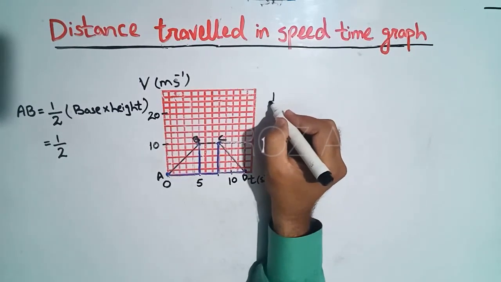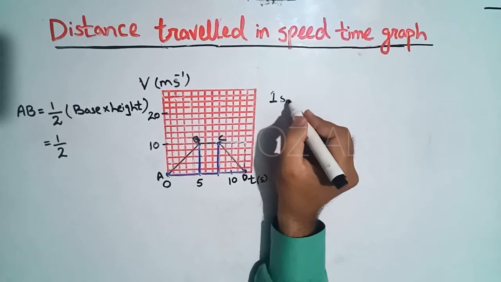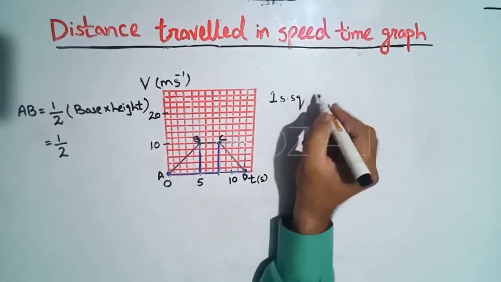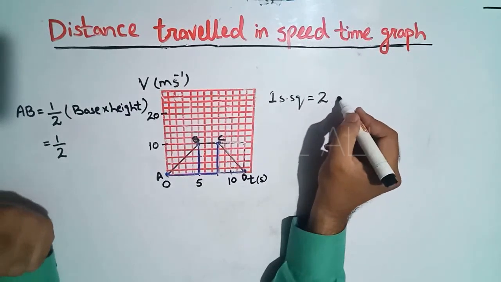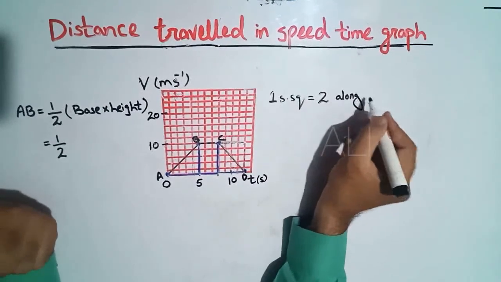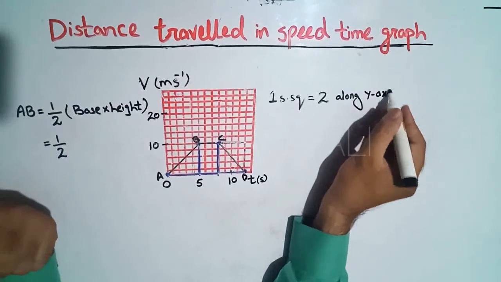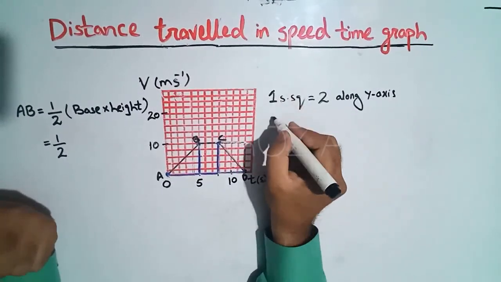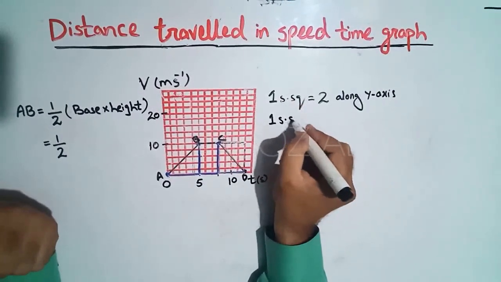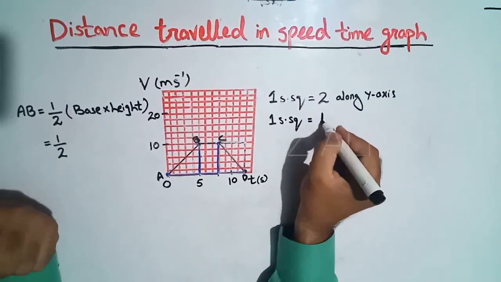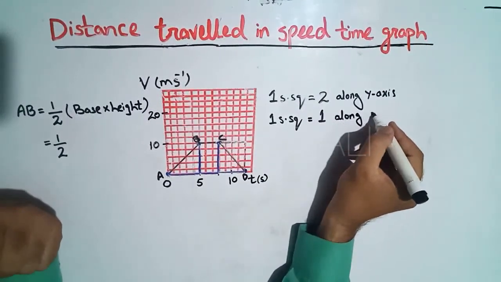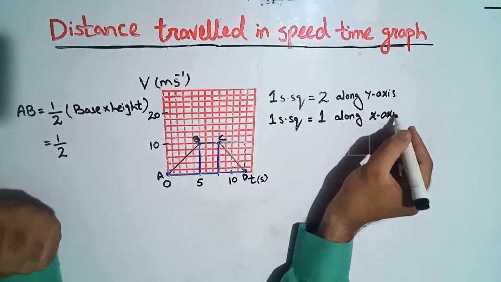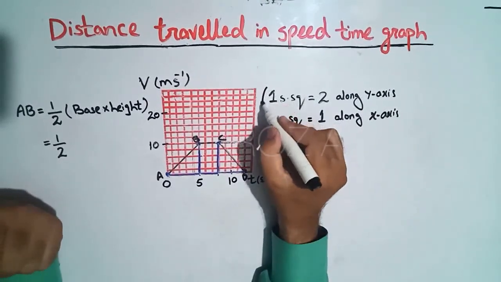So I am writing here one small square is equal to 2 along the y-axis, and one small square is equal to 1 along the x-axis.